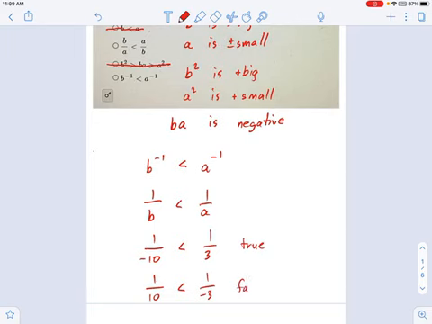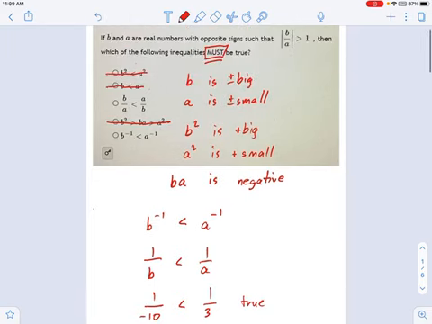That is false. So this one right here is another one of the maybes, and I'm going to cross the maybes out with a different color just so we can kind of keep track. That's a maybe, that's a maybe. They're not definitely trues. The only one that must be true by process of elimination is b over a less than a over b. Let me show, for example, why that is actually a definite.